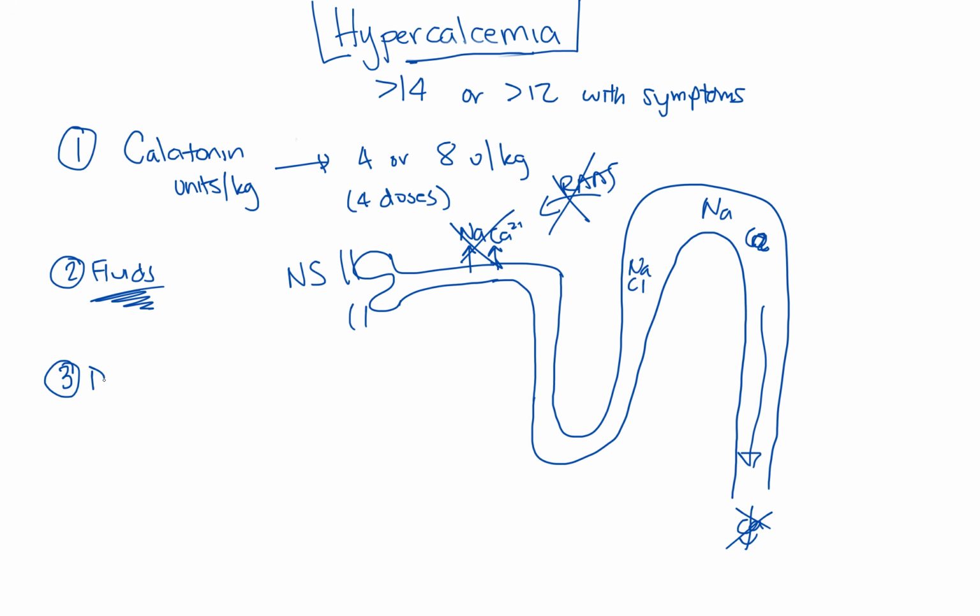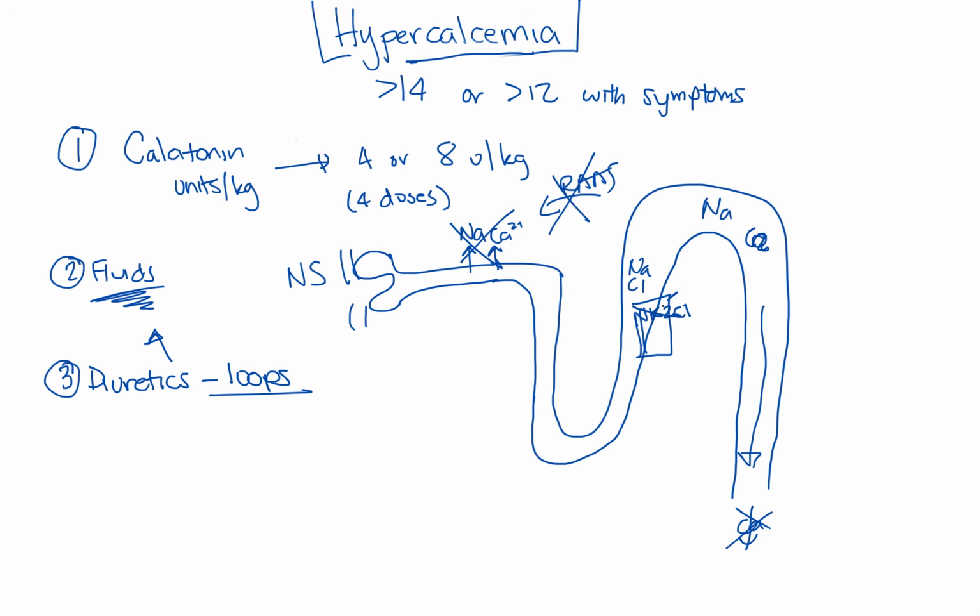3 is diuretics, particularly loops. Now, this has to be done in conjunction with fluids, and there has to be good working kidney function. Loop diuretics in particular are going to inhibit your NKCC2 cotransporter here.